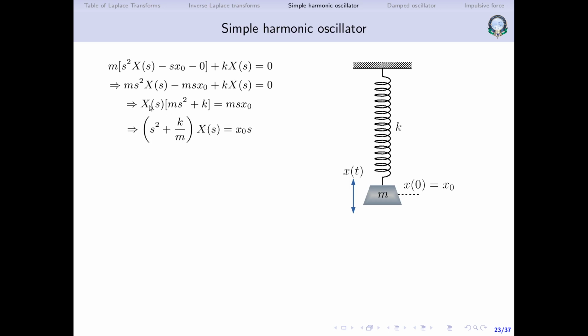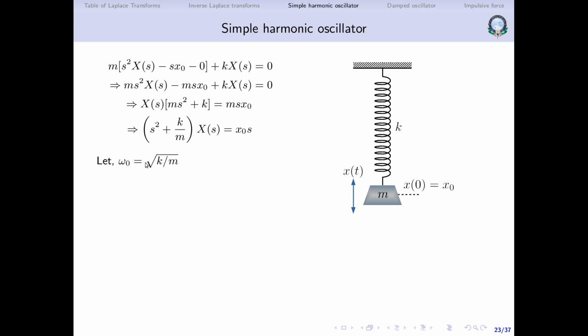Now divide this entire equation by m, so m gets cancelled out, and we get (s square plus k by m) X of s is equal to x naught into s.